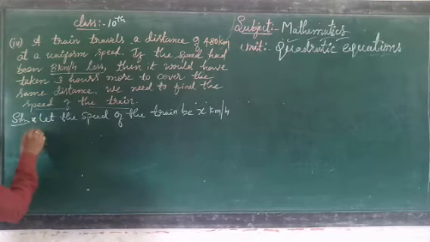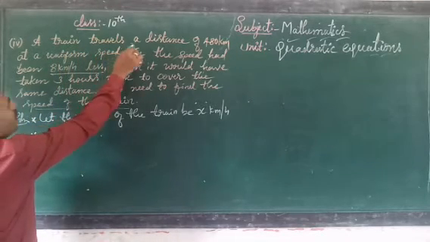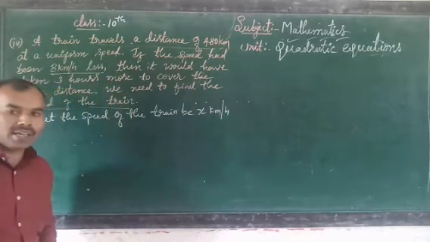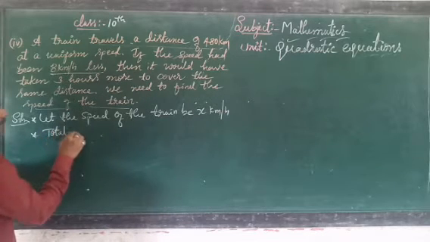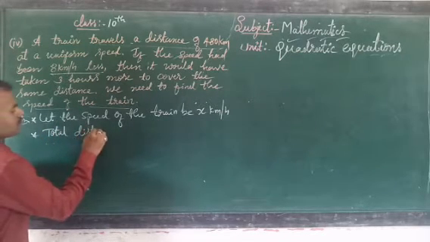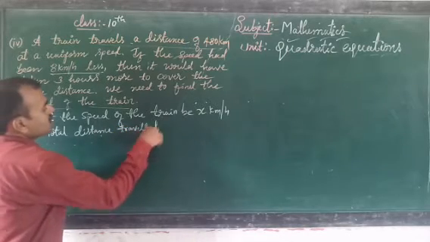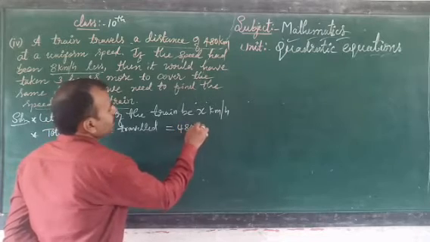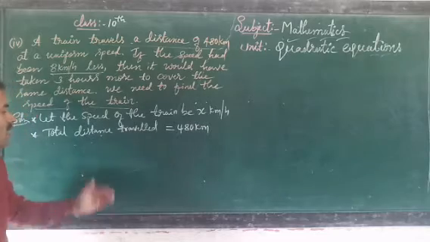Next, a train travels a distance of 480 kilometer. Total distance traveled equals 480 kilometer.